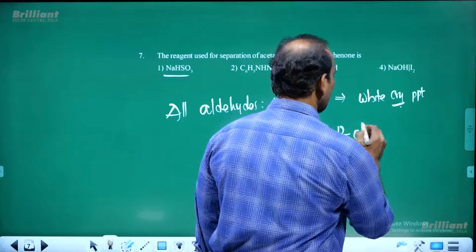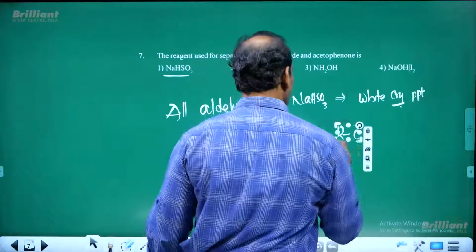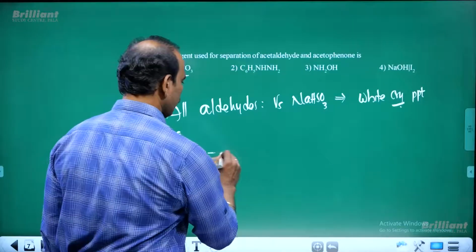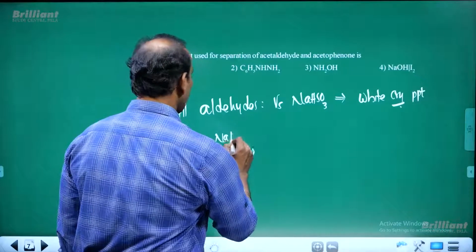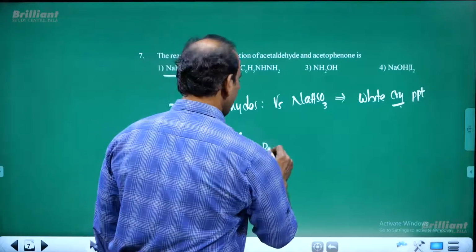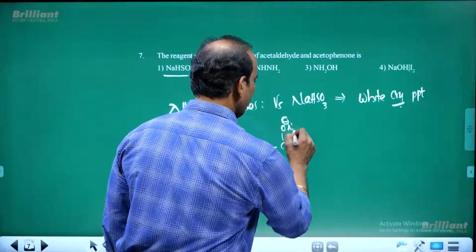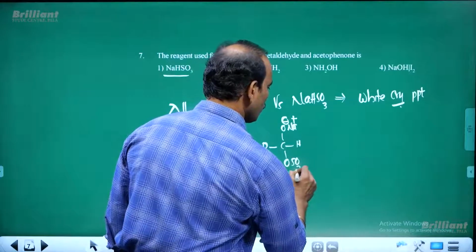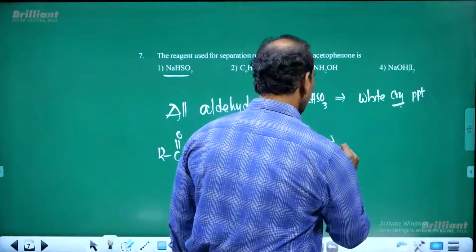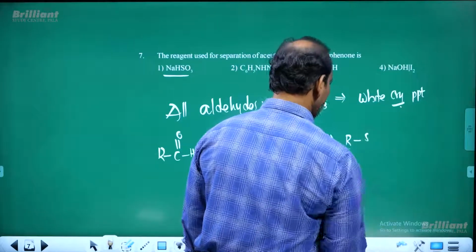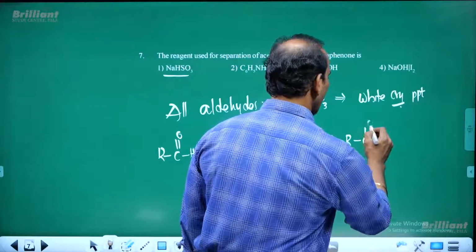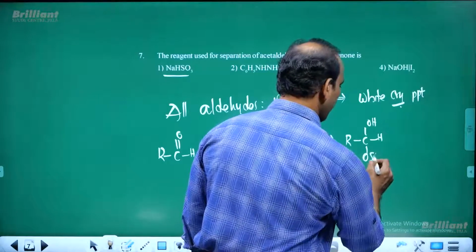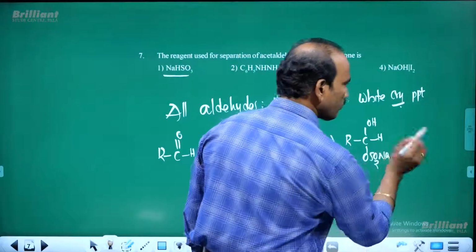RC double bond OH, then NaHSO3, gives R-CH(OH)-SO3 minus Na plus, which is a white crystal.